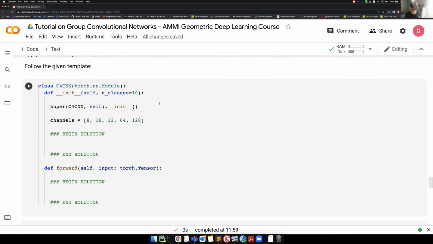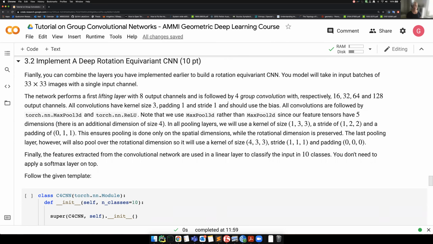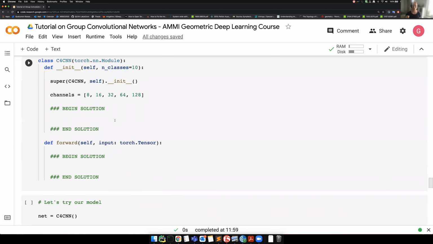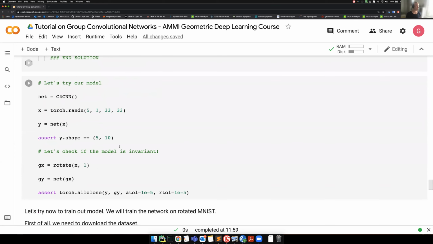I just give you here a description of how many layers, how many channels, and how to implement it. And then you just need to do this yourself. You need to use the layers you have built before to generate this neural network. And then we check that the whole neural network, not only each layer, but the whole neural network from the beginning to the end is invariant to rotations.